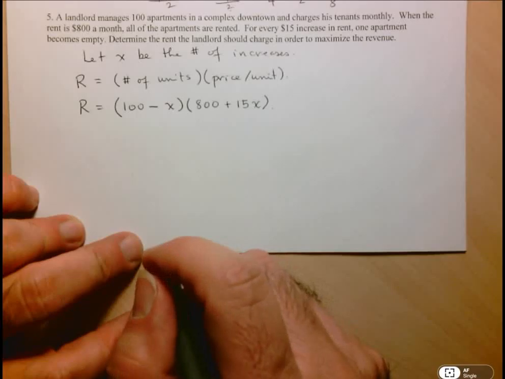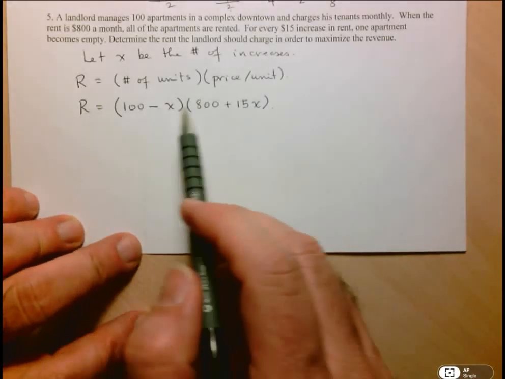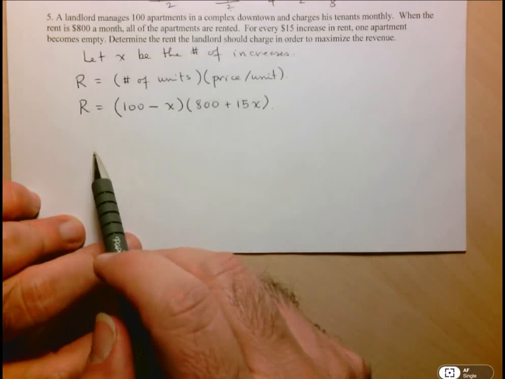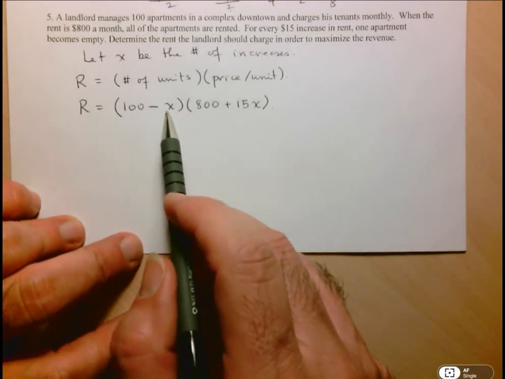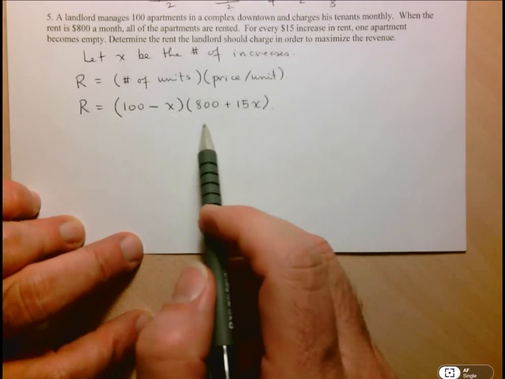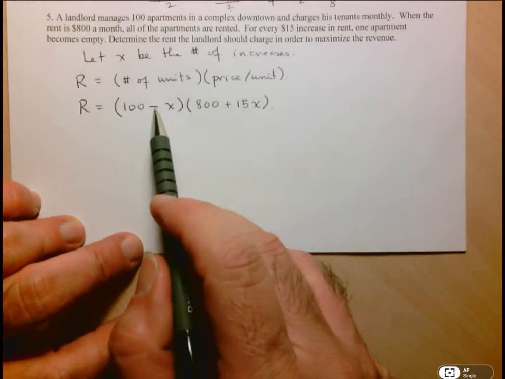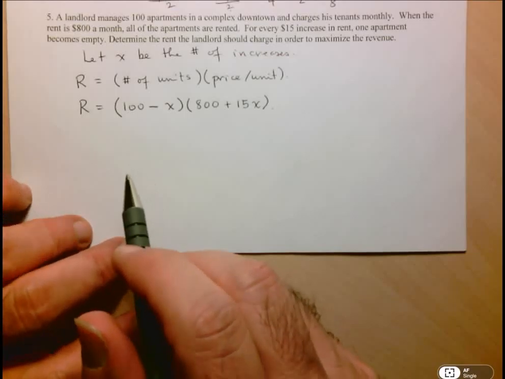And we've achieved what we wanted to achieve because we have a function for the revenue, given in terms of only one variable. Notice that this function is quadratic, and if you look at the multiplication that gives us the x squared term, we see that the a value would be negative.